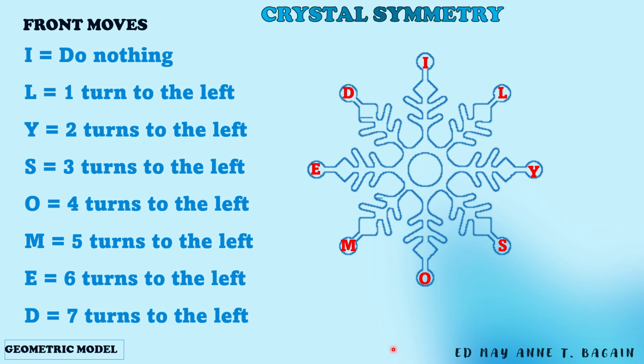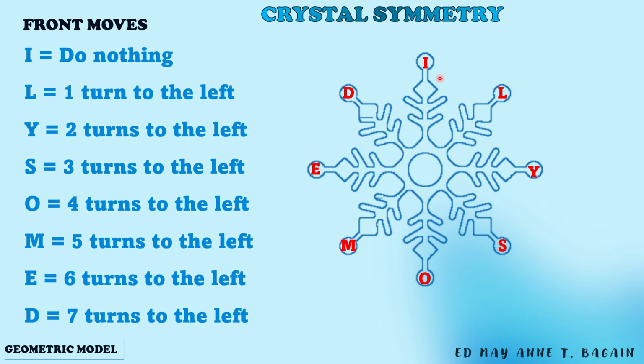Starting with the front moves, we have I, which is equal to do nothing. So we will not be doing anything for I. For L, we will be turning it one to the left. So what does that mean? We will illustrate it in the next video, but for now, let me explain it to you.